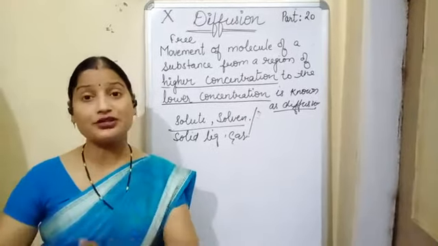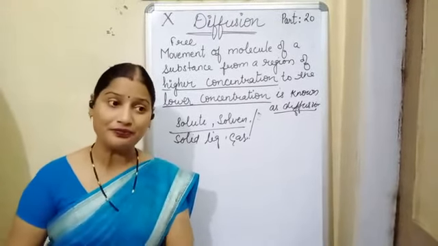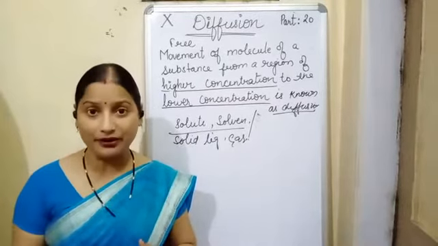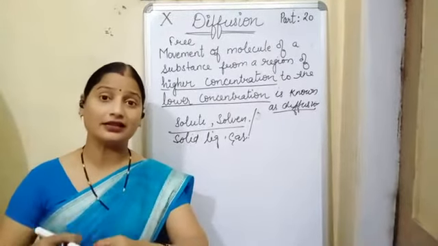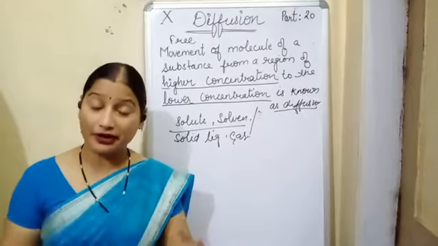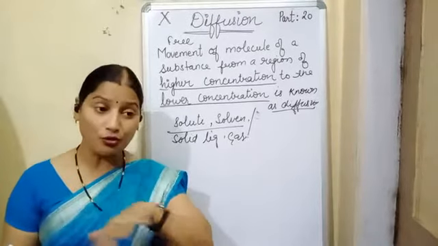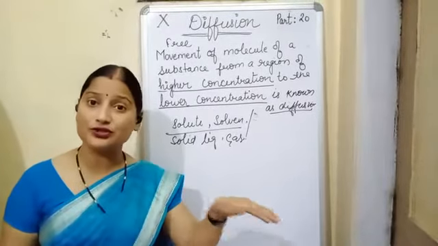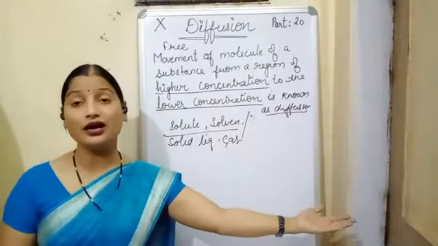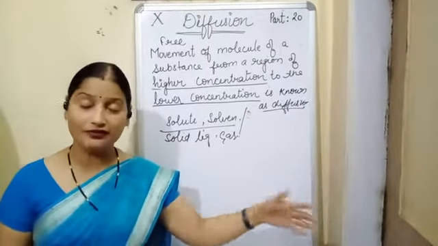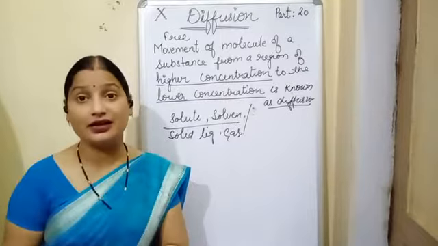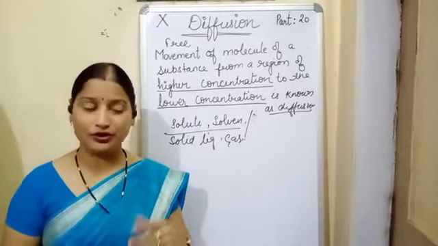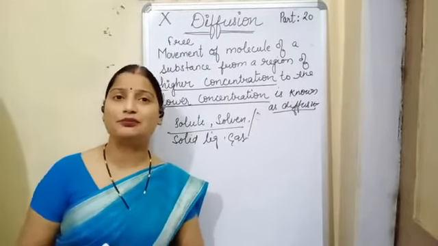Whenever it spills at one corner of the room, it will evaporate and all its fumes, vapors, move into the air and reach the different room, and we can get the smell. This is diffusion.